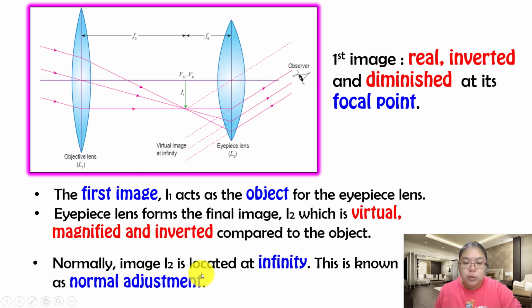Normally image 2 is located at infinity, so this one we call normal adjustment. How to produce the final image at infinity? You need to adjust. The distance between the 2 lenses must be FO plus FE, then you can produce an image at infinity. So this one is a telescope.